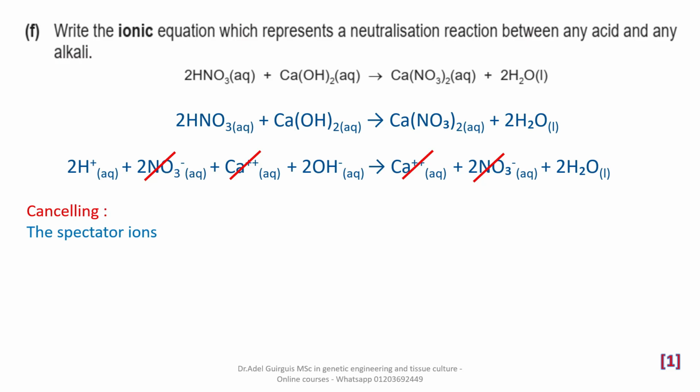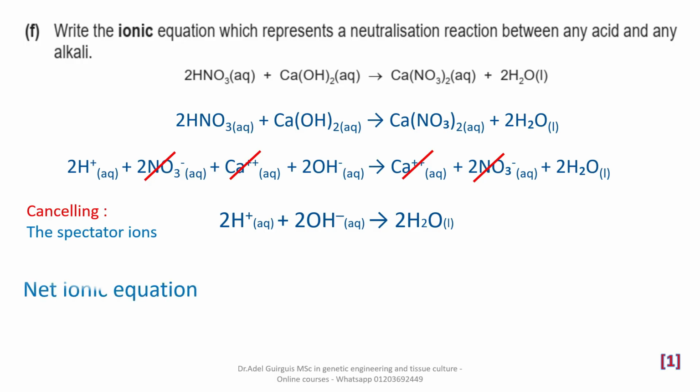So rewrite the equation after cancelling. Look, 2 moles of protons and 2 moles of hydroxide ions combine to form 2 moles of water. By simplifying this equation, dividing by 2, we obtain the net ionic equation for neutralization.